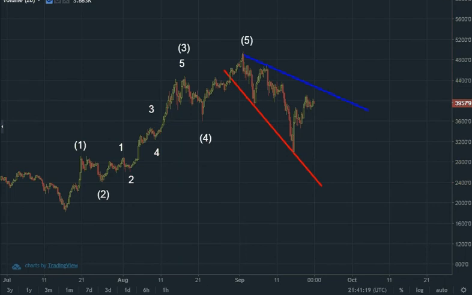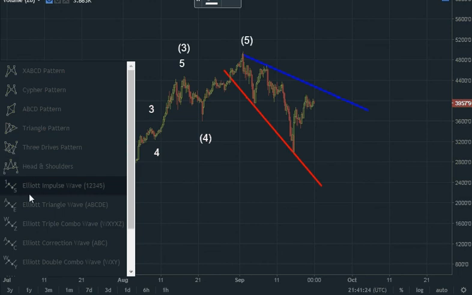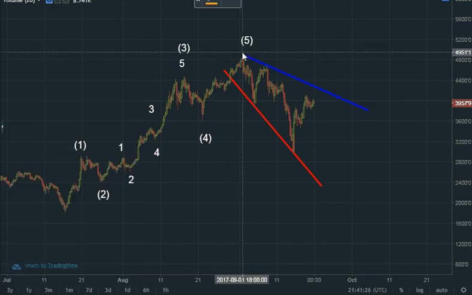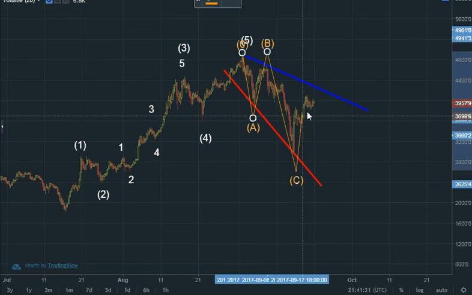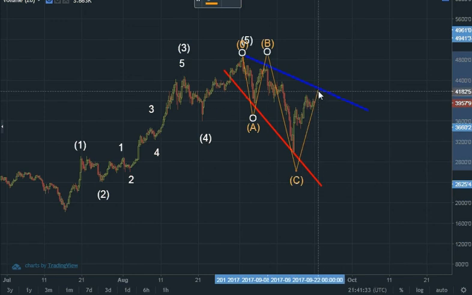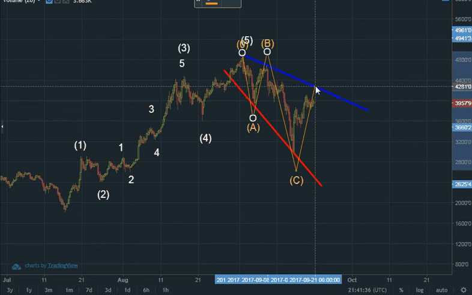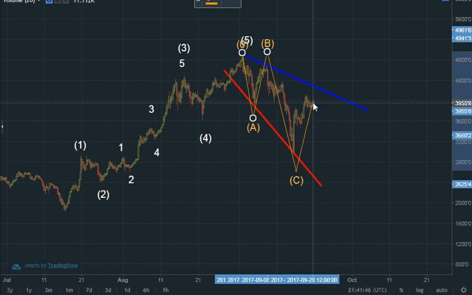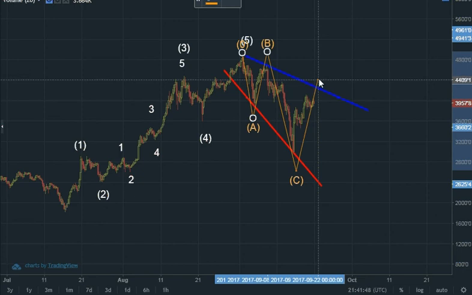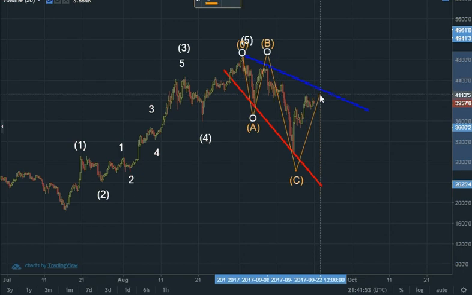But there is also a pattern called an ABCDE. A, B, C, and the prices can go to the blue line as high as maybe almost 4,300. Remember last night I told you about the bearish wick where prices can pierce the resistance but very quickly retrace back underneath it.